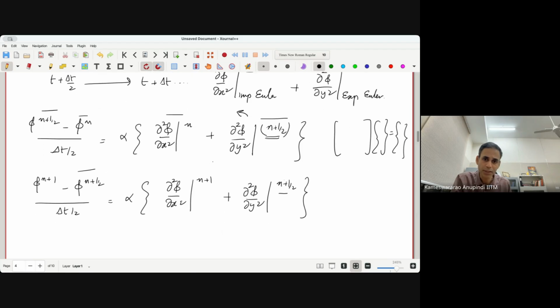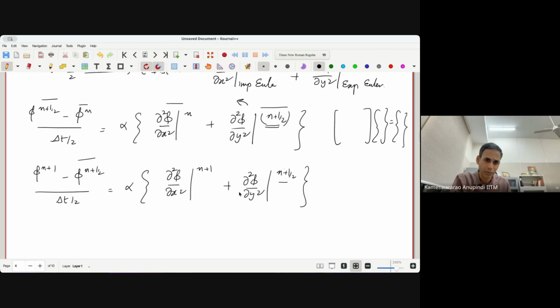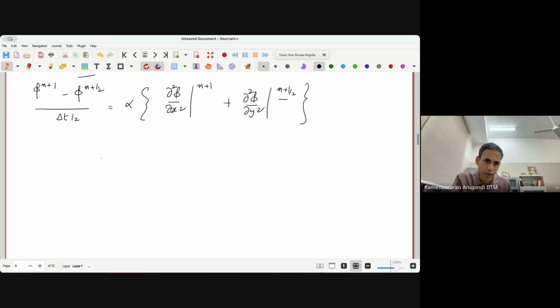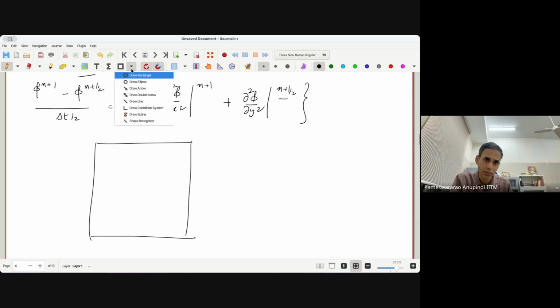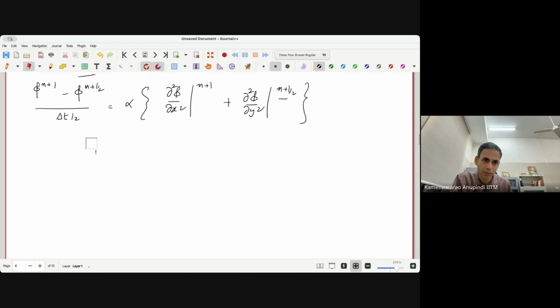So then, as you can see, this is very much equivalent to what we have done in the approximate factorization. Okay, but then again, you realize that if you have a domain, let us say something like this. So that's what we have.